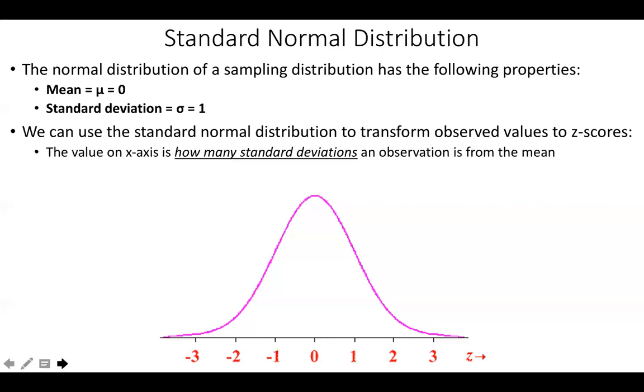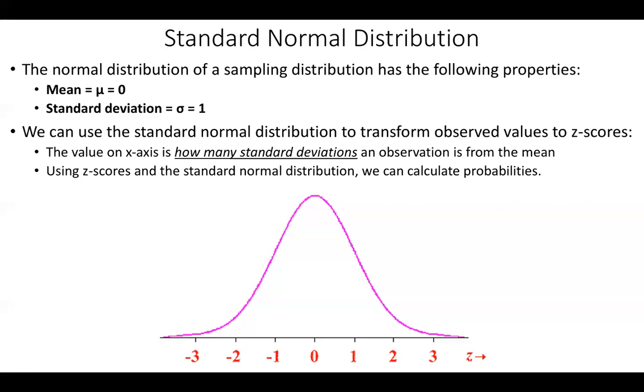We have our x-axis that has these values of z, and these values of z now represent how many standard deviations an observed value is from the mean. So if a student reports that he reads the news 7 days a week, we can figure out using a z-score how many standard deviations that 7 days a week is from the mean of the whole group.